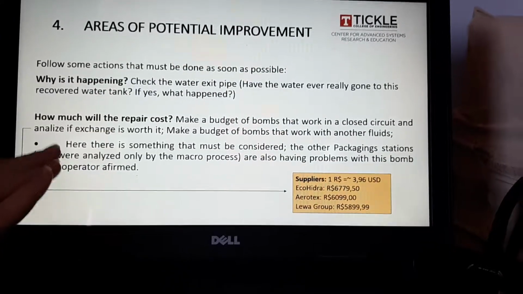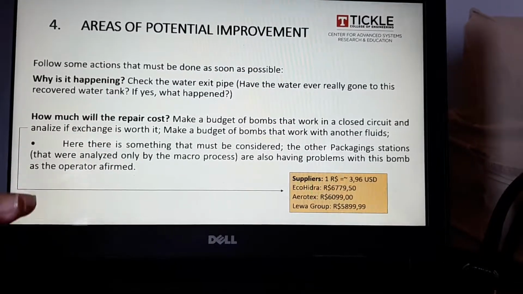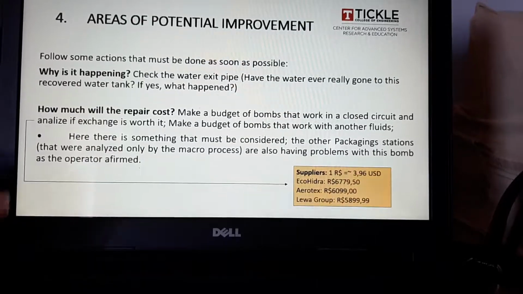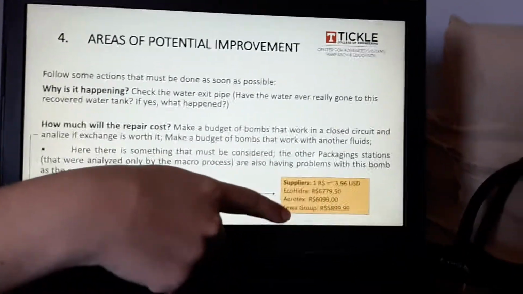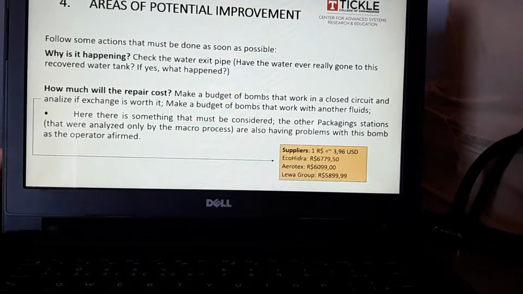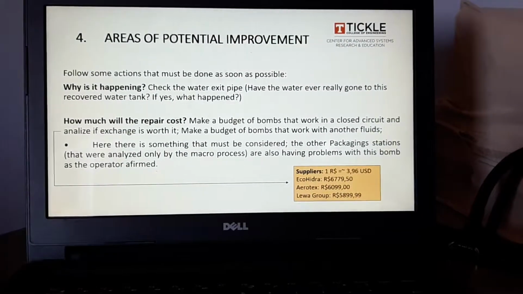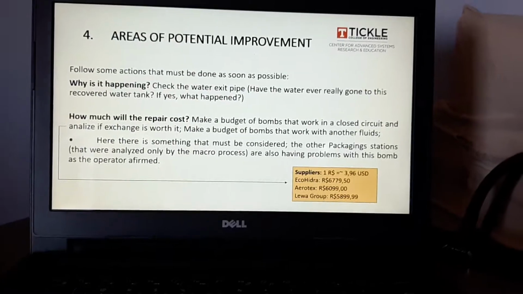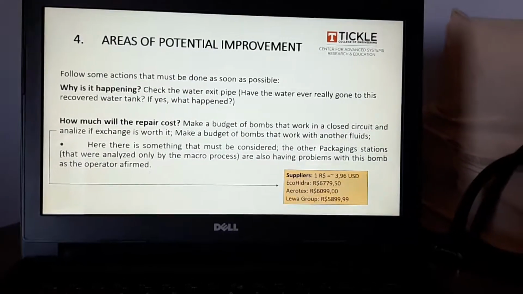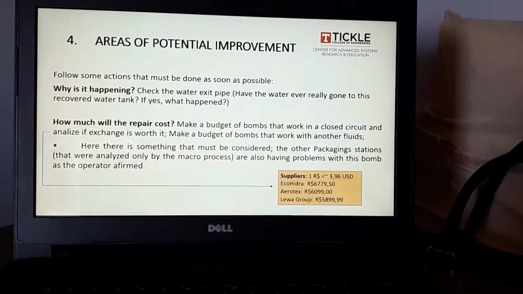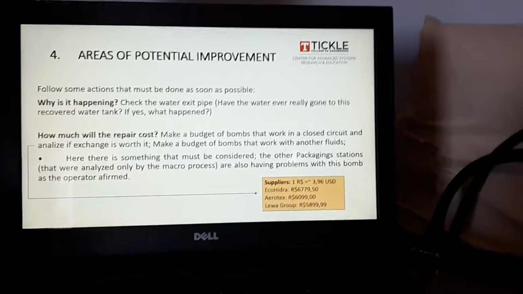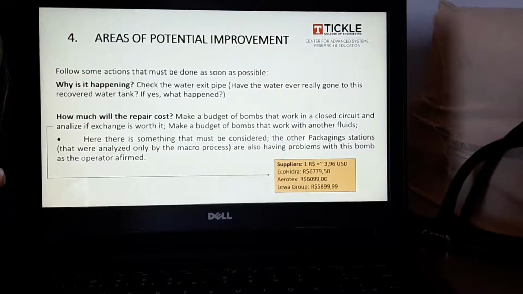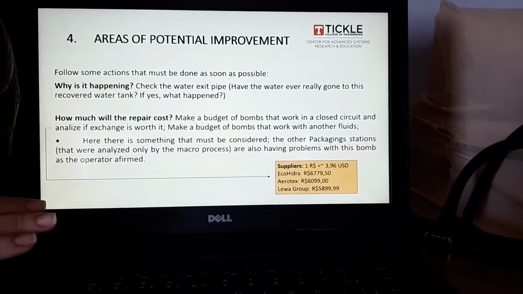And we are also having problems in the other stations with this bomb. So we cannot consider only this price. We need to make the project for the other stations too and analyze if we are going to need more bombs. And as the operator already said to me, there are at least 3 more bombs of this kind that need to be checked.